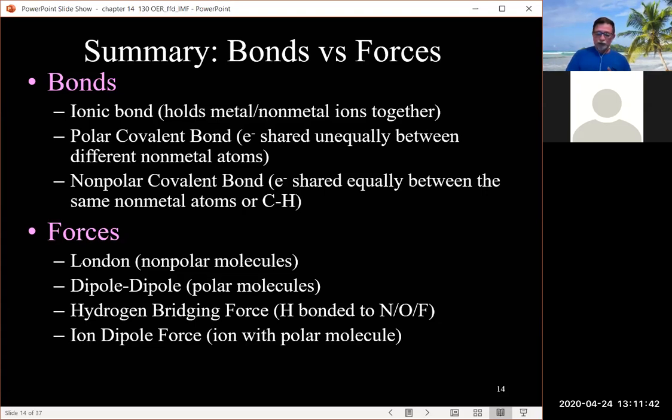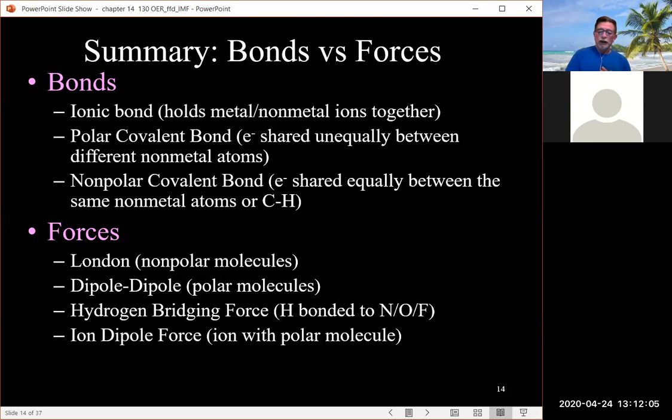Okay, forces. We got the London forces that apply only to non-polar molecules. So every non-polar molecule out there, the only force they have are London forces. The dipole, the requirement must be that it's got to be a polar molecule.